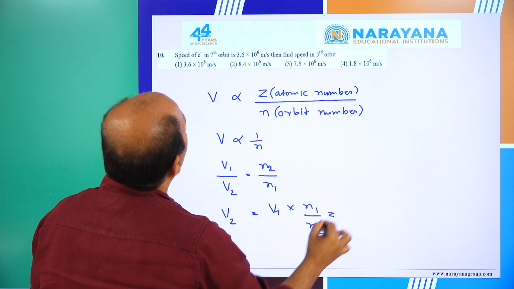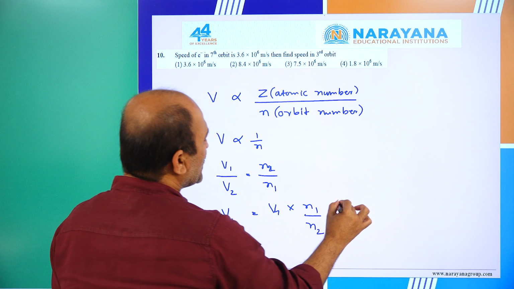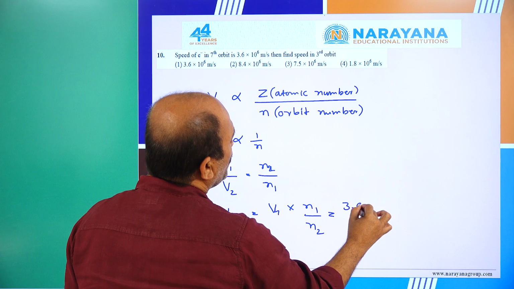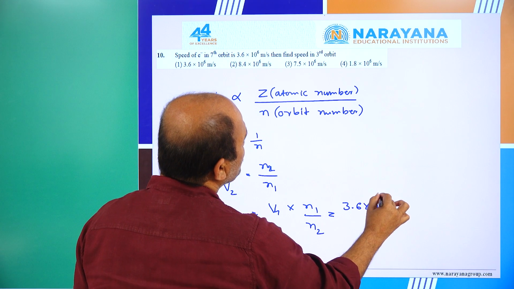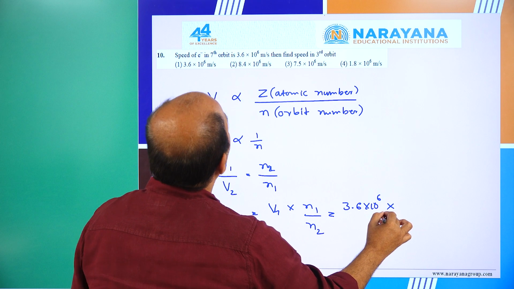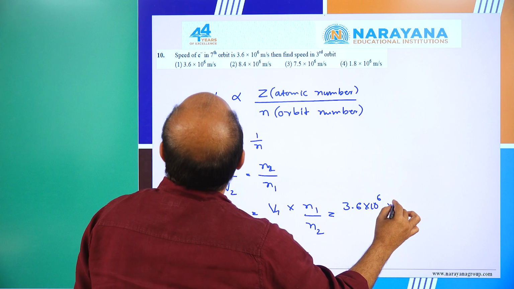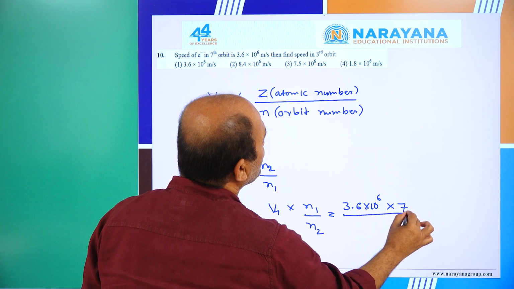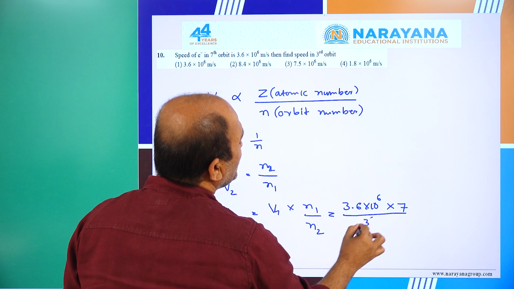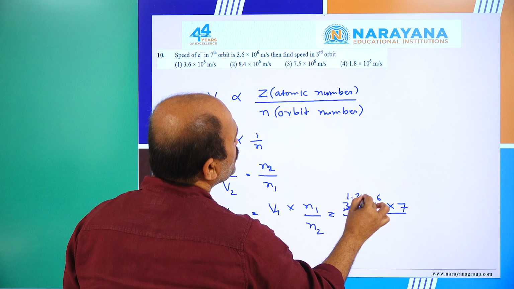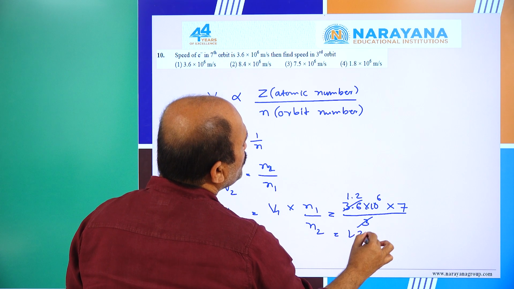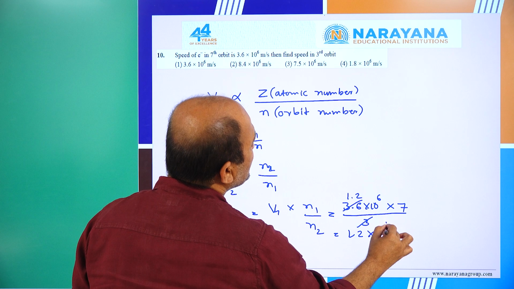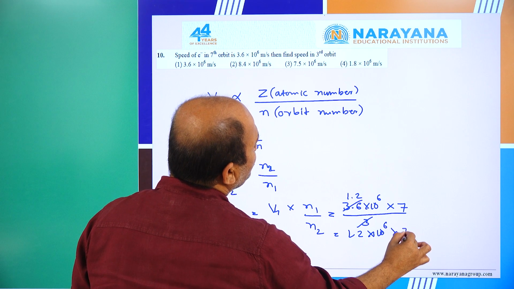So what is the V1? 3.6 into 10 power 6, students, and N1 value they gave as the 7th orbit, and you want to find its value in the 3rd orbit. So 3 ones, 3 twos. So 1.2 into 10 power 6 into 7.